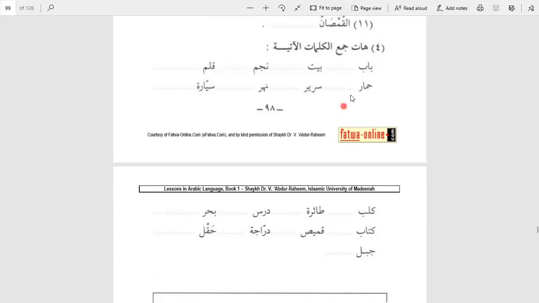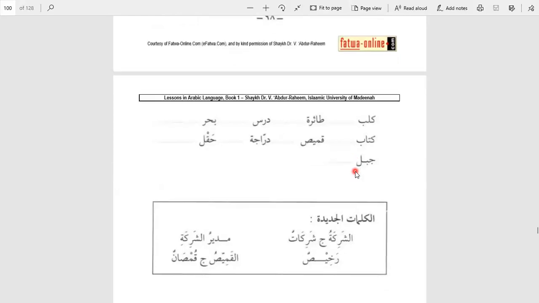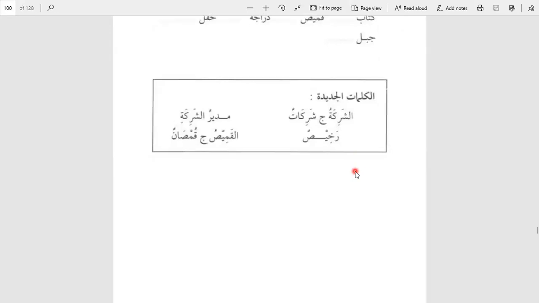We have learned this from the start of the book, so this must be very easy for you, and you should be able to get the plurals correct. This is a way to exercise and try to retain some of the plurals that we have been learning in previous lessons, and I hope you will be able to do that without any problem. Let's look at some of the new words here.